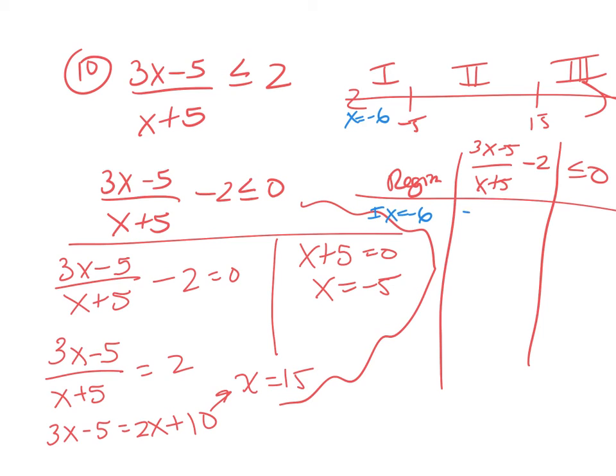So we have negative 18 minus 5, will be negative 1, minus 2, that's going to be a negative number. In region 2, let's pick 0. So I have minus 5 all over 5 minus 2. It's also going to be negative. And in region 3, let's pick 16.